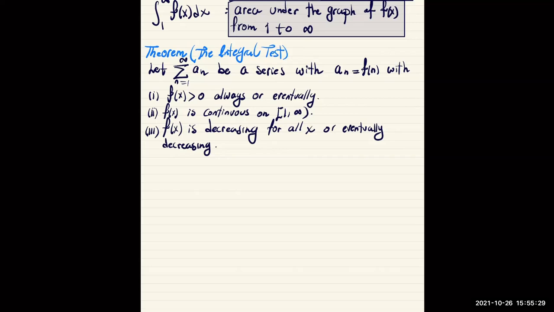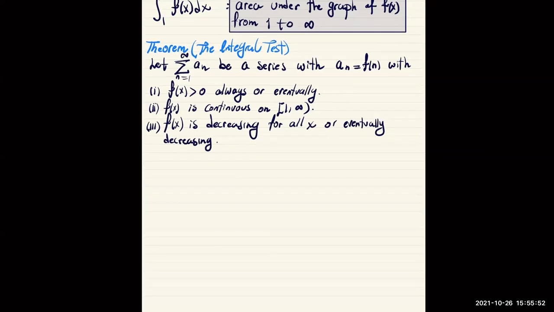You could do the first derivative. You can also show that a sub n plus 1 is less than a sub n. This is saying that the next term is smaller than the term before. That means decreasing. But first derivative always works.